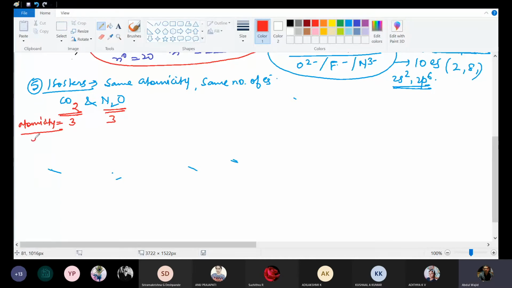And what about the number of electrons? Here 8 plus 8, 16 plus 6, 22. Here 7 plus 7, 14 plus 8, 22. Since both have the same number of electrons, 22, and the atomicity is also the same, CO2 and N2O are isosters of each other.